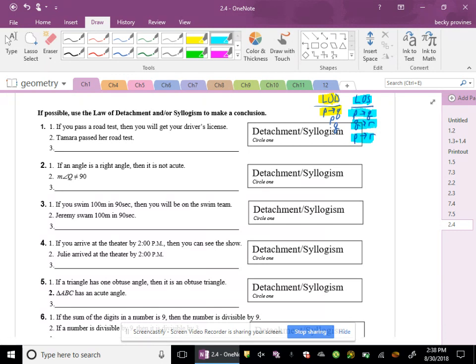So if I quickly look over here at number 1, step number 2, this is only part of a sentence. This is not an if-then statement. So immediately, without much effort, I'm going to say I'm probably testing Law of Detachment.